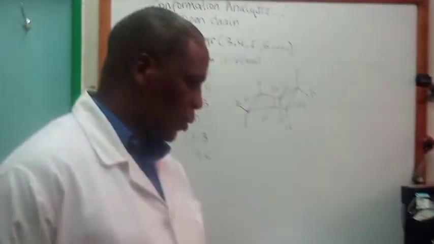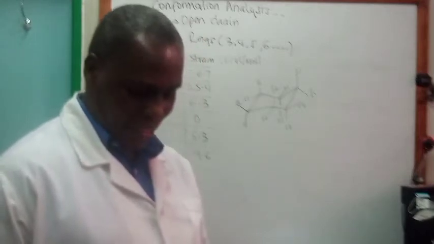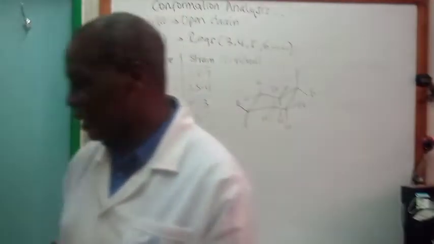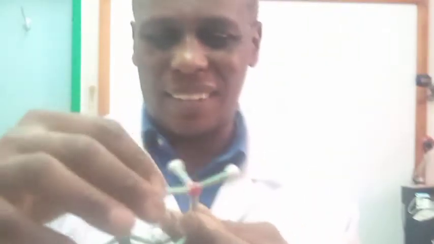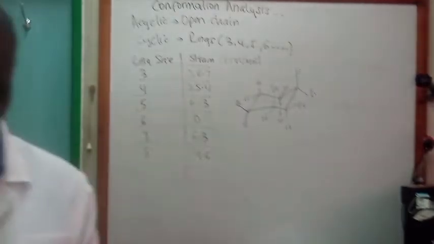Something I may need to mention, before I stop on that, is that if you have a bulky group at the axial position, it's going to cause steric hindrance, especially if I put a second group at the axial position.